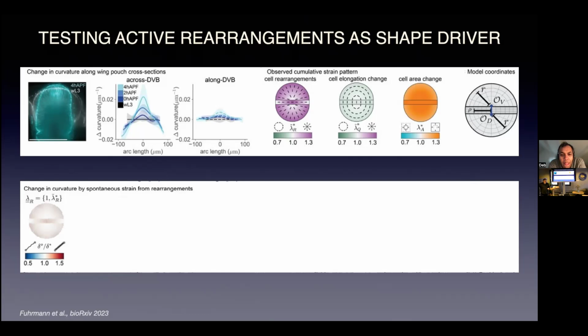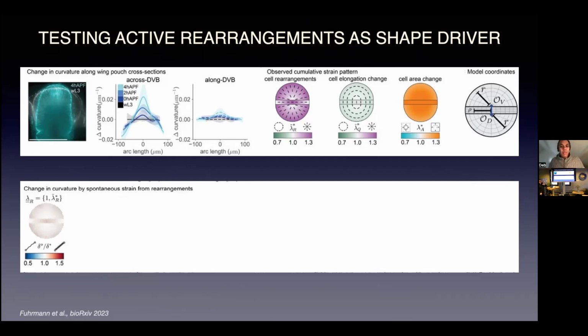And this is why we can't use the full theoretical machinery I showed before, because we can only measure the net neighborhood flow, right? So we don't know, for example, if there are undirected active T1s going on, they would average out to 0 net flow because they're going every which way, right? Because we're only looking at snapshots, we have no idea whether or not that's going on. We just know what the net effect is.